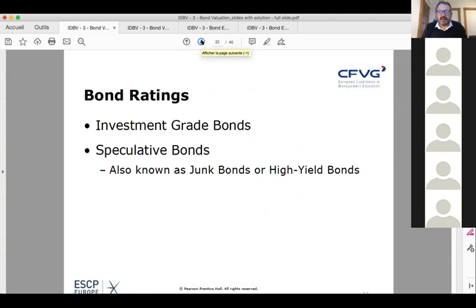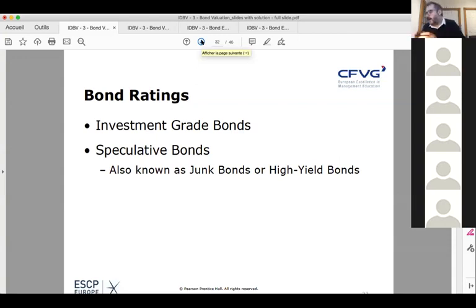As I said, when you buy a bond, you want to be sure to receive the coupons and the face value. But sometimes it's not so sure. It depends on who is issuing the bond. Is it an entity which is quite solid, or is it an entity which is not solid?